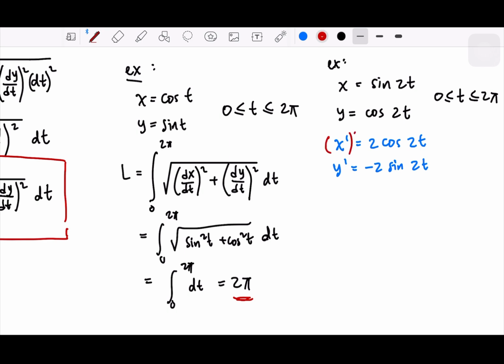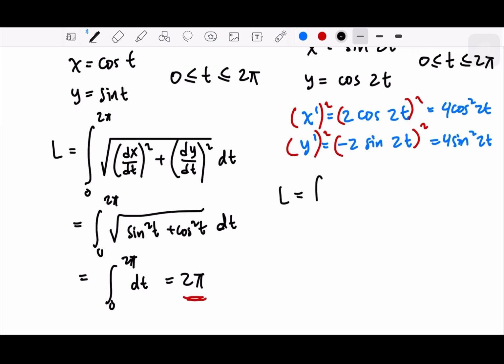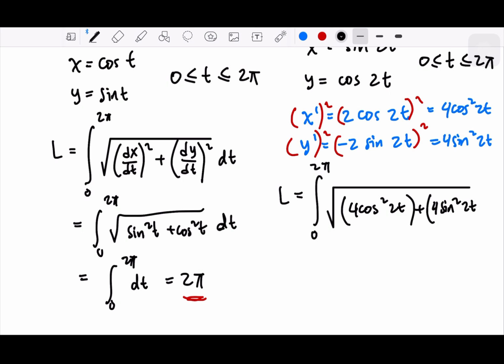And if you square this, this will give you 4 cosine squared 2 theta and also 4 sine squared 2 theta, right? And then we use the same formula. Let me just write the value directly. Now sine squared plus cos squared is 1, so you just have the square root of 4, which is 2, right?